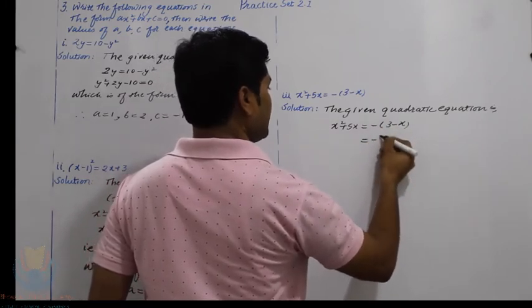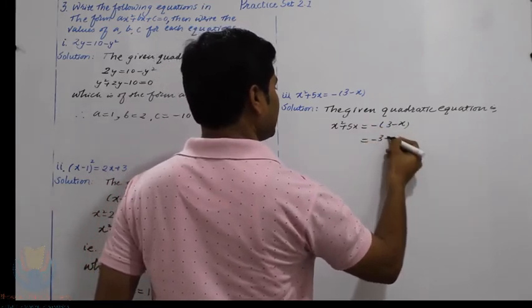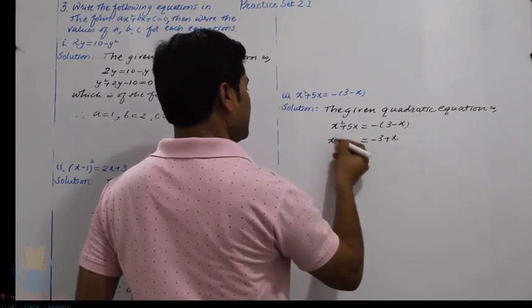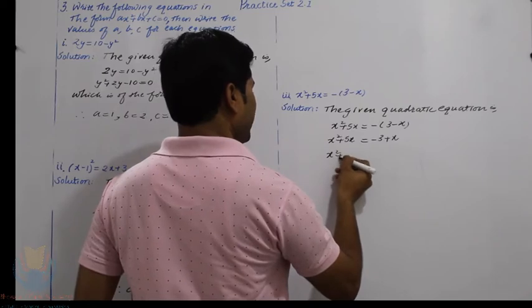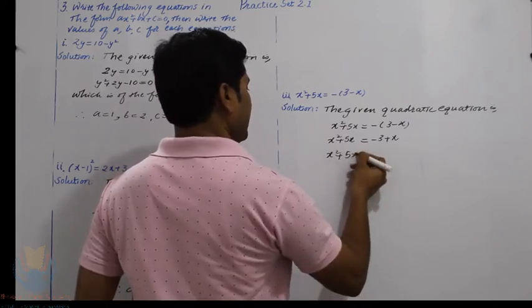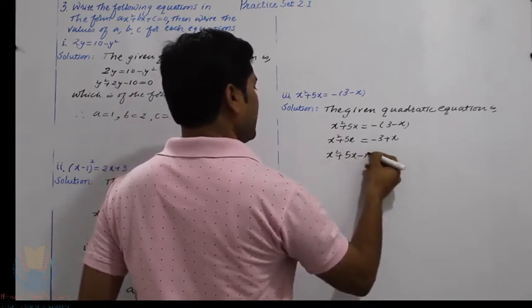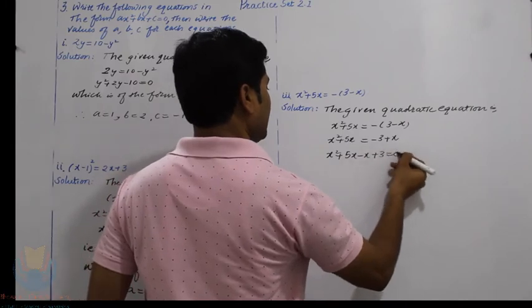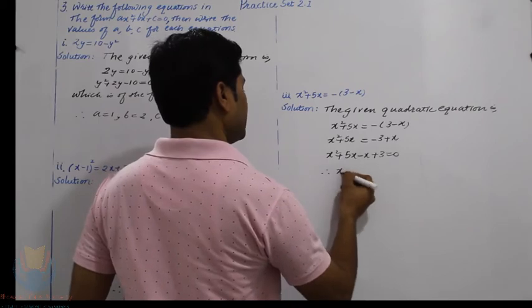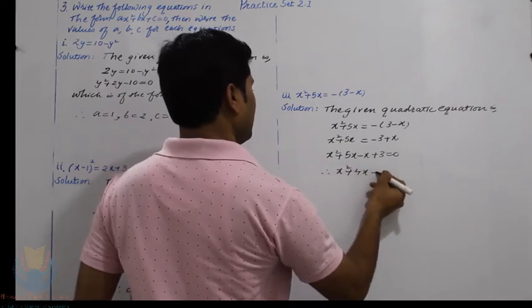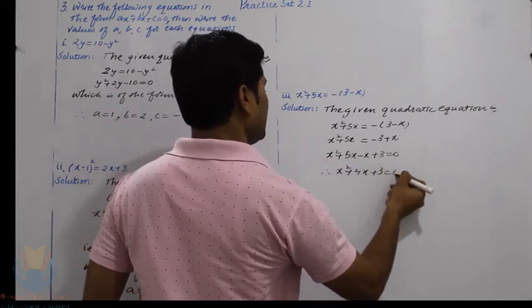So minus into plus is minus, minus into minus is plus x, which is equal to x square plus 5x. Again get all the terms on the left hand side. So 5x plus x will become 6x... so let's simplify it. Therefore x square plus 4x plus 3 is equal to 0.